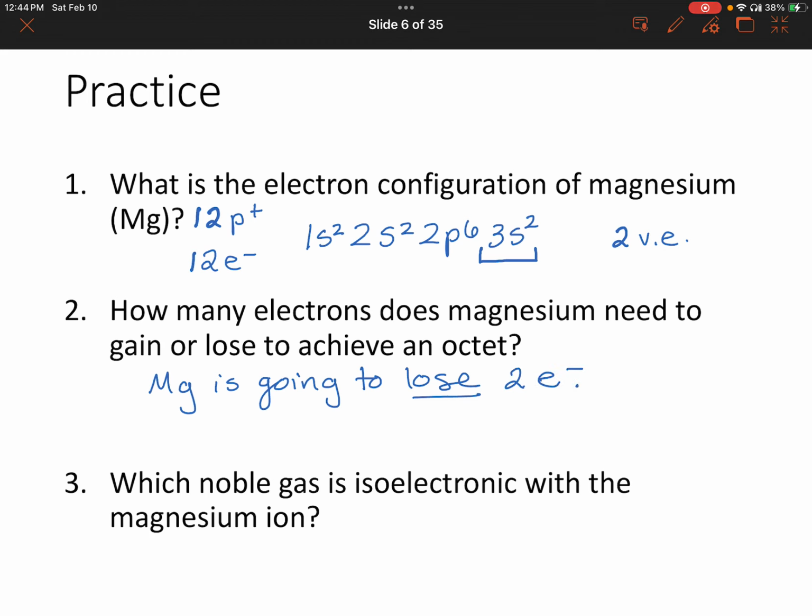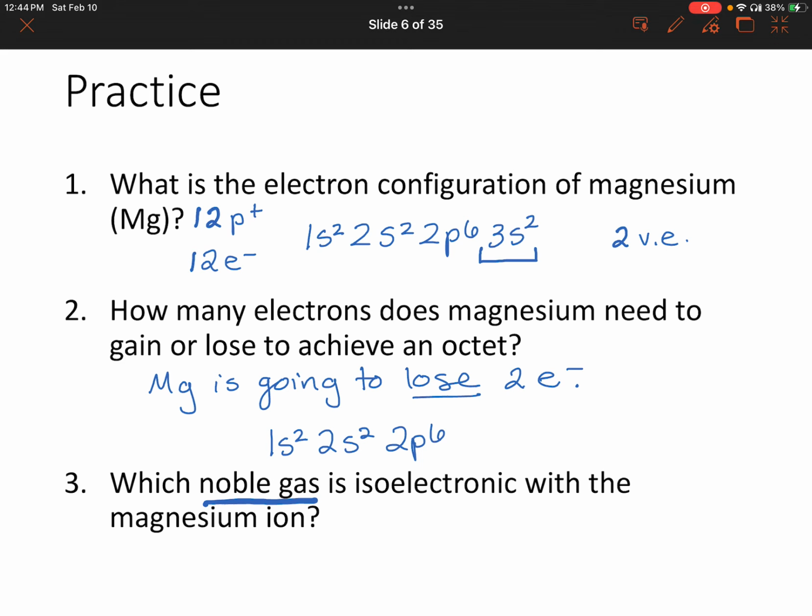Okay, so once it loses the 3s2 electrons, its new electron configuration will be 1s2, 2s2, 2p6. Now, which noble gas is isoelectronic with the magnesium ion?